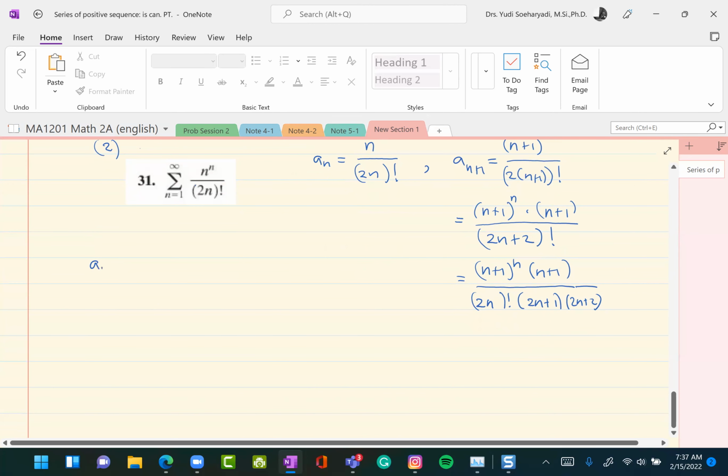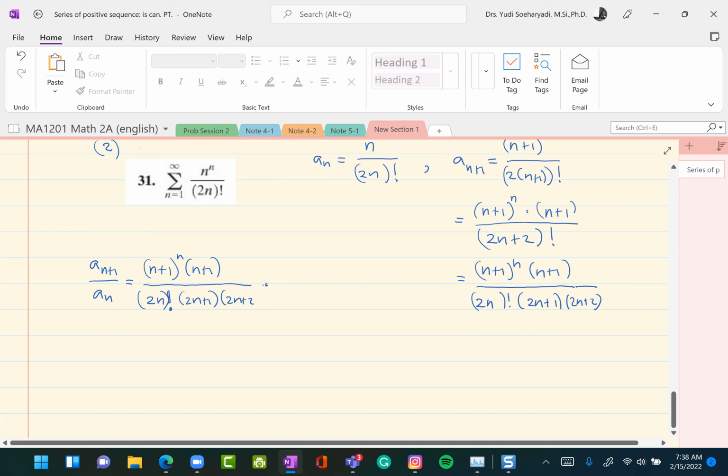Okay, so this ratio, we can write this down: (n plus 1) times (n plus 1)^n, right, divided by (2n)!, sorry, it should be in parentheses, (2n plus 1)(2n plus 2).